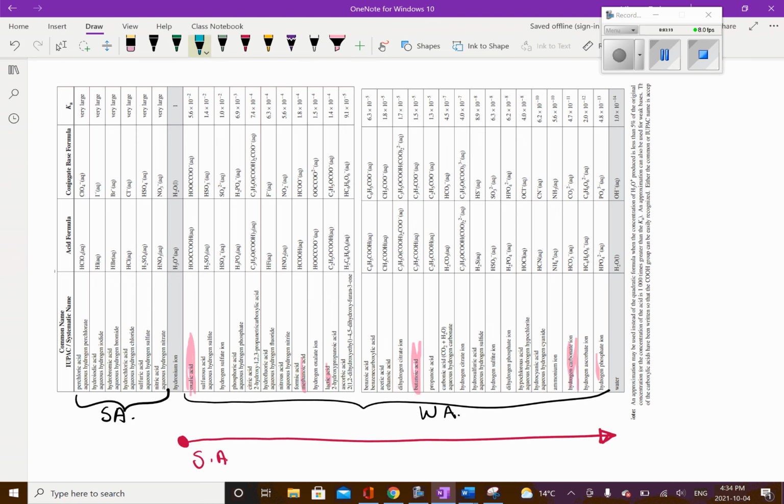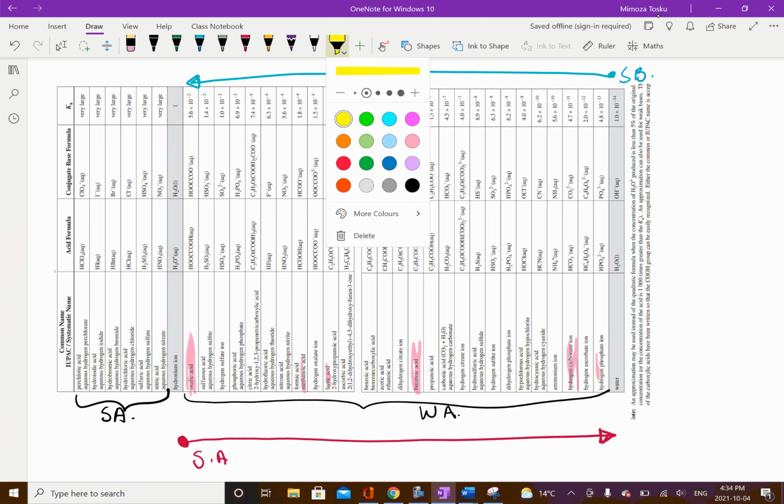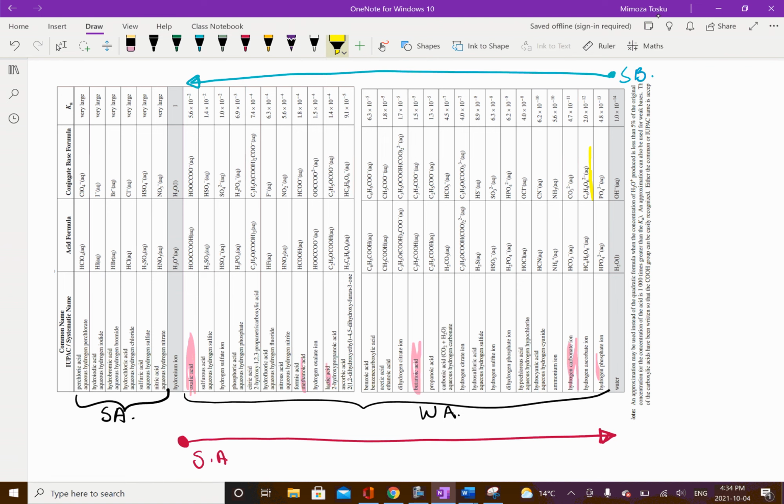And a difference with the bases, they start at the bottom being the strongest one and then coming up as the weak bases. Okay, so what we are saying here is that those conjugate bases, let's say this one here, is stronger than this one here. Okay.